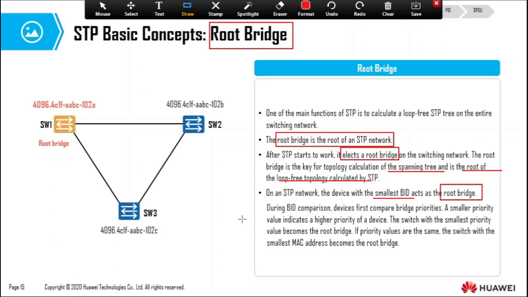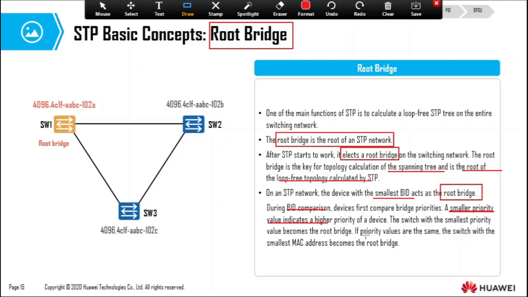At the beginning, the switches are going to compare their BIDs. The one with a smaller BID value is going to be elected as the root bridge.